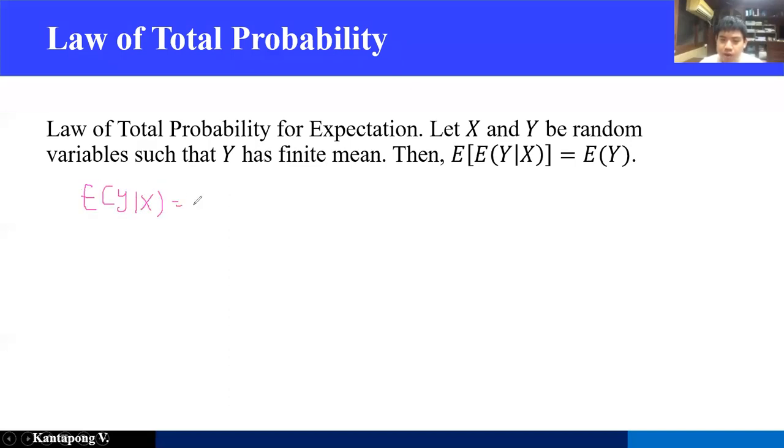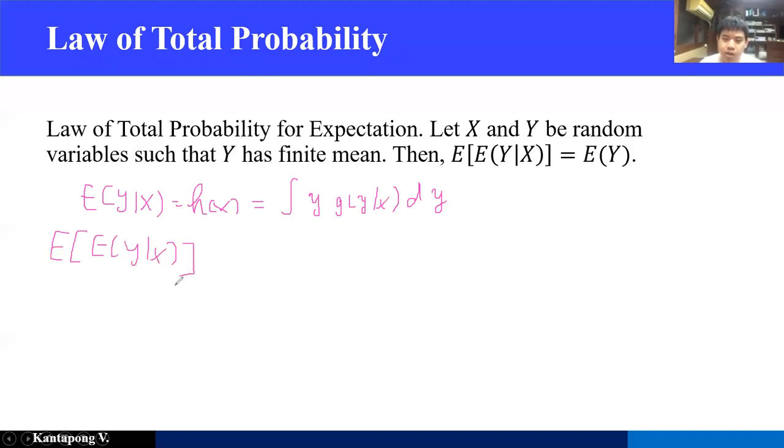So what is E of Y given X? It's going to be a function h of X, because we have the input X. It is the integral of y times g of y given x, dy. But how about if we put another expectation here? What happens?